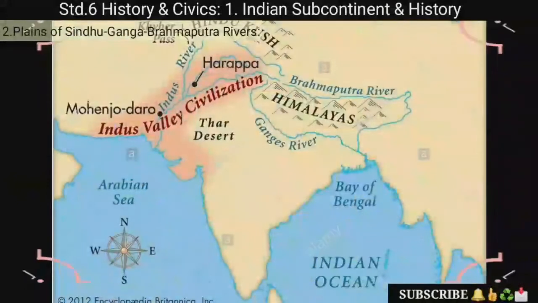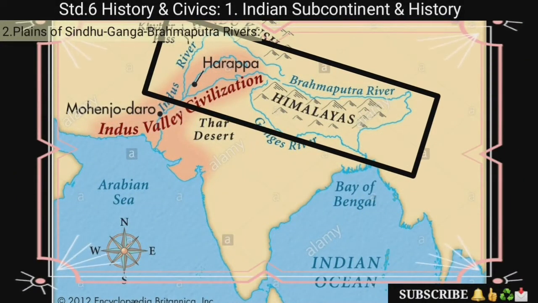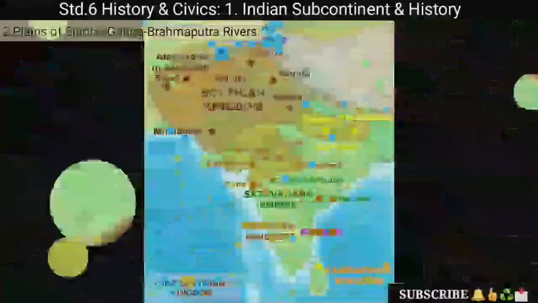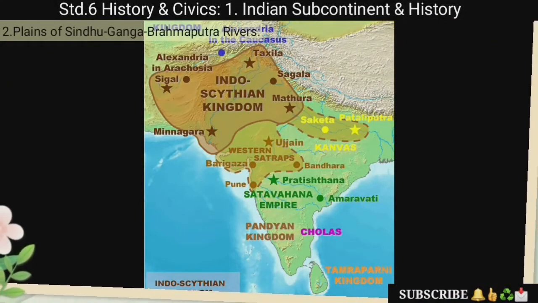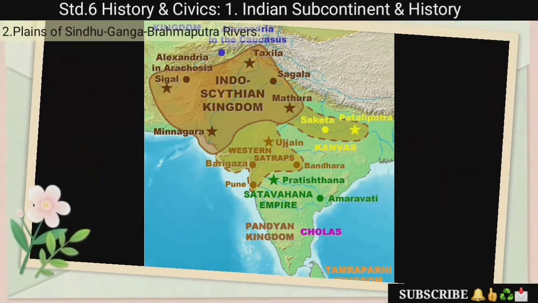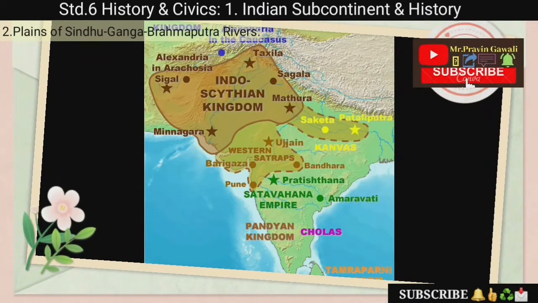Very good. Now, this region of the plains extends from Sindh, Punjab in the west to present day Bangladesh in the east. It was in this region that the earliest Indian civilization of Harappa and the later states and empires of ancient India emerged.